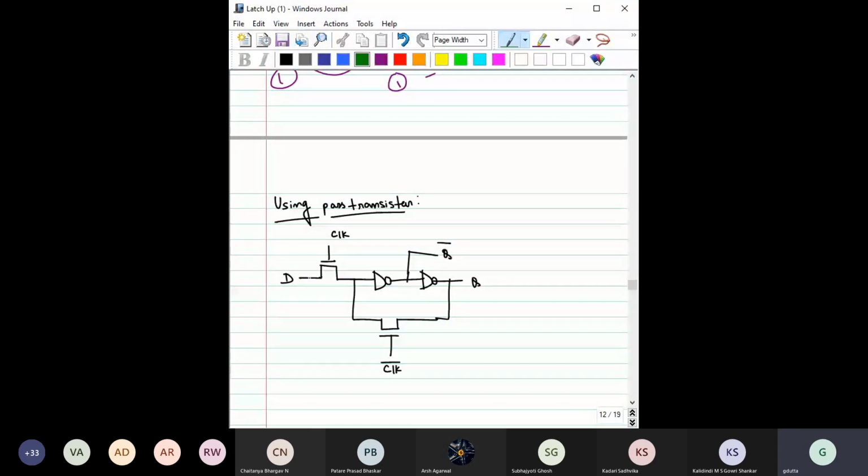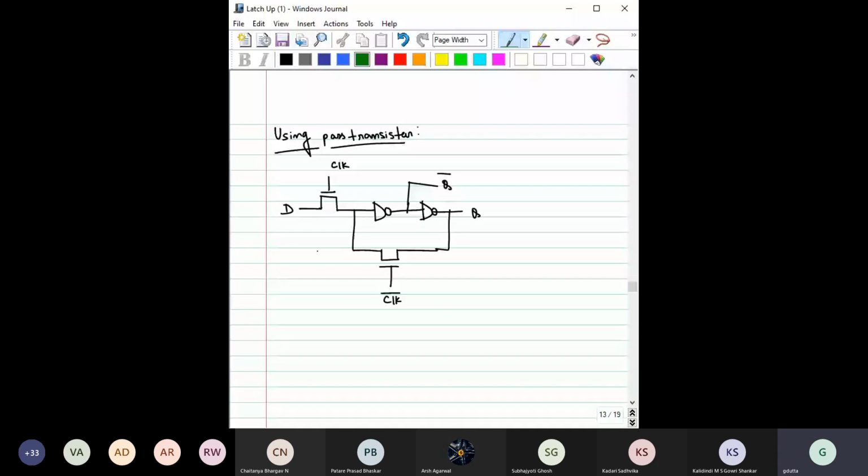Let us check whether this circuit is working as discussed earlier or not. For example, say when this clock is equal to 1. So when this clock is equal to 1, right, then this is on. What about this, which is clock bar? So this is off, right?